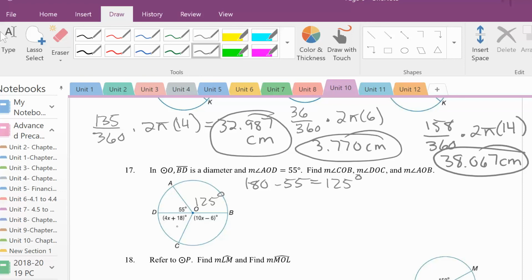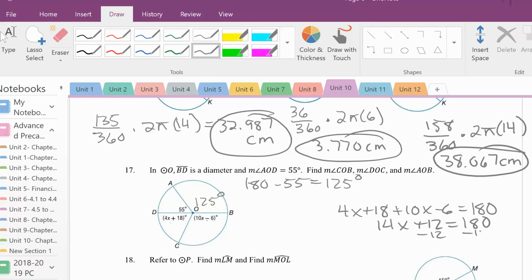And then you know that these two added up is a semicircle, so 4x plus 18 plus 10x minus 6 is equal to 180. So 14x plus 12 is equal to 180.